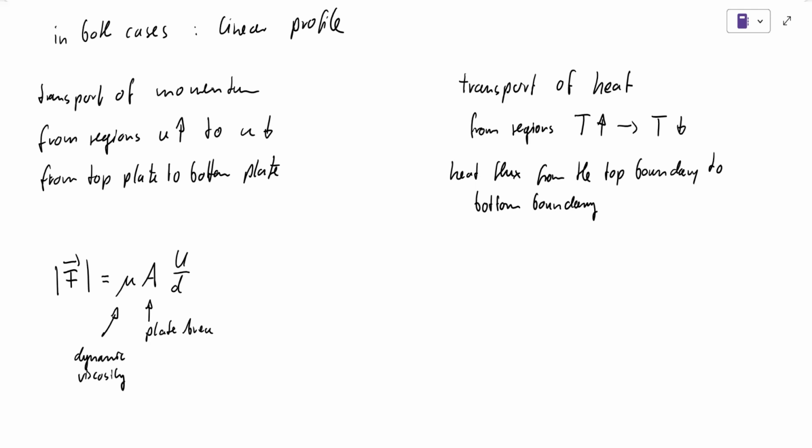And on the right-hand side, it's of course very similar. We see a heat flux Q dot, which is proportional again to the area of the plate times, and here again, the difference of the quantities, so delta T divided by the distance, and the proportionality factor is the thermal conductivity, lambda.